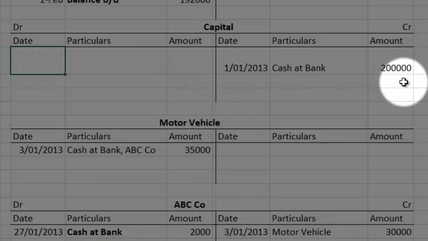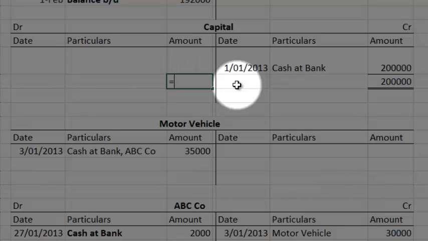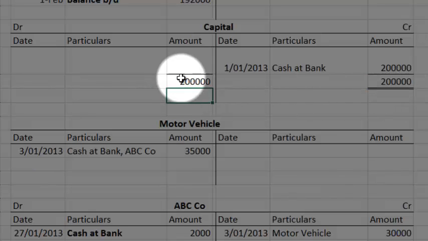First thing I'm going to do is work out my total, which is $200,000, as I did before. I'm going to underline that nicely so it stands out. Both sides should be equal to one another. There you are. So both sides are equal.